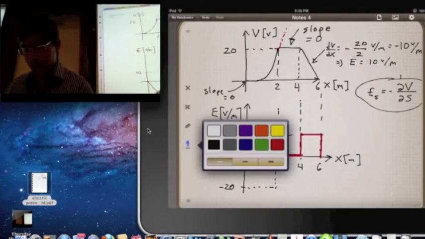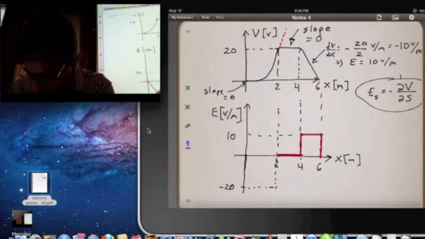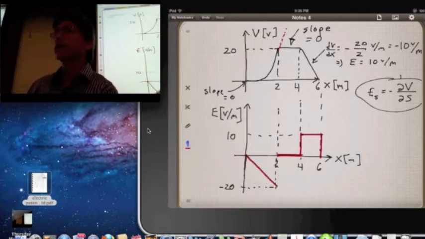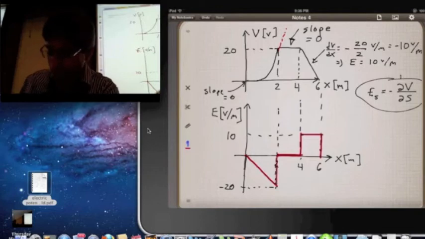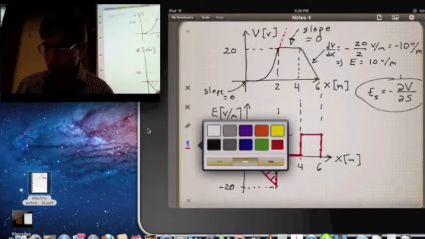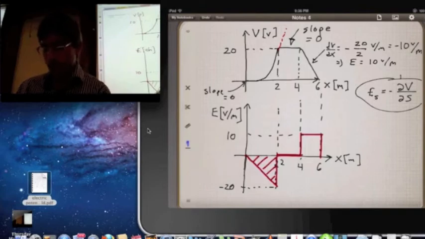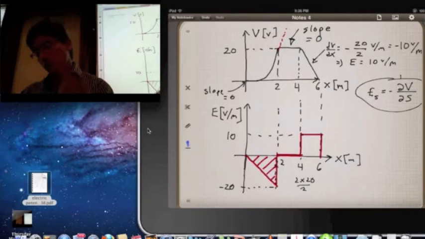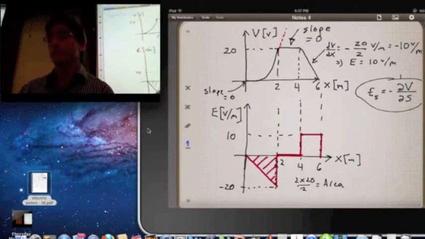So he's saying the area under the electric field versus x curve is going to have to be 20, right? So how do you get this area to be 20? Well, the base of the triangle is 2. The height, if it's 20, then that will be 2 times 20, that's 40, divided by 2, that will be 20. The area is negative. With the negative of the equation, it turns into an area that is positive 20. That should be the magnitude of the potential at point 2.